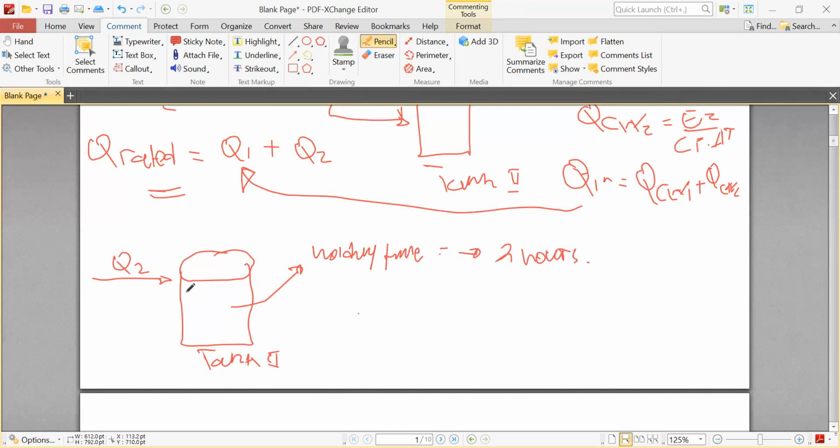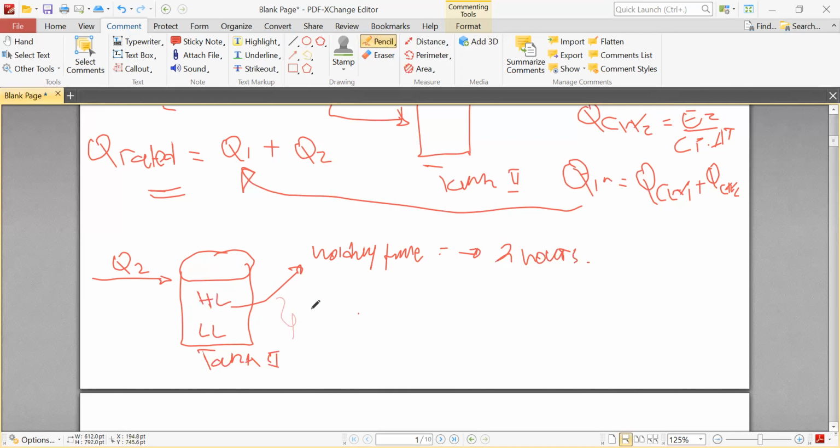And you can also define the working volume of this tank, maybe from the low level till the high level.